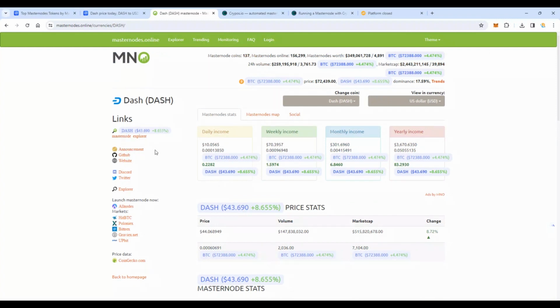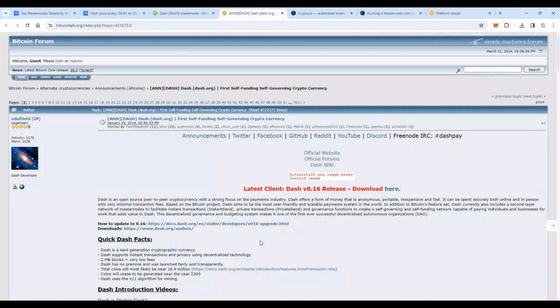If you want to see any announcements or join a community, you can always click on the announcements here, and this is going to take you to bitcointalk.org. This is actually one of the oldest websites as far as crypto information is concerned. This is actually where the very first white paper for cryptocurrency was posted. It's an interactive platform, and you can log in or create an account if you don't have one.